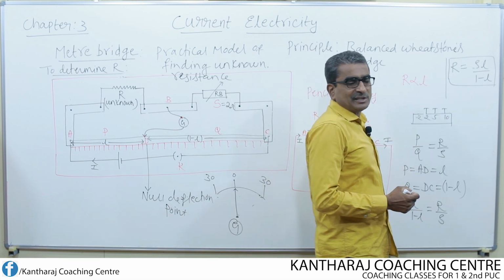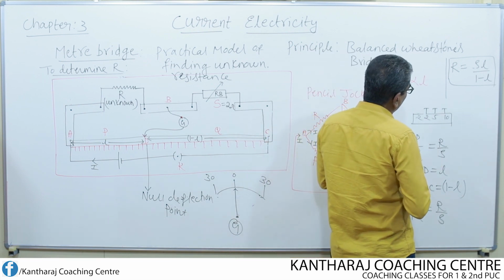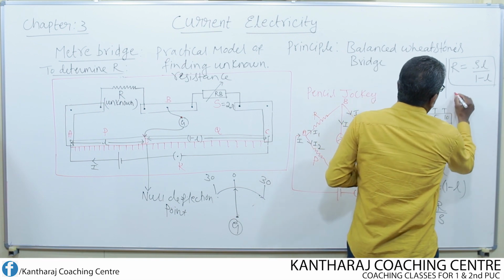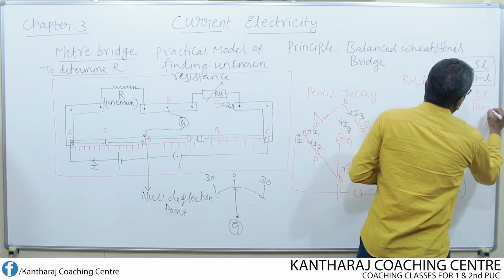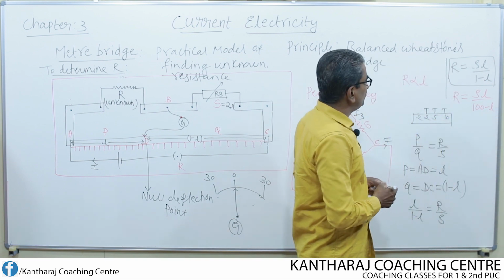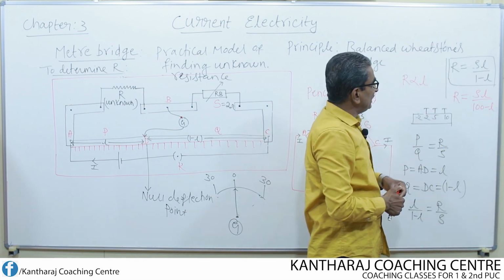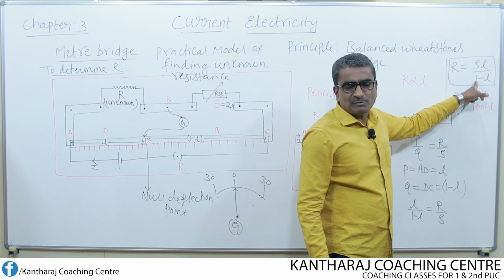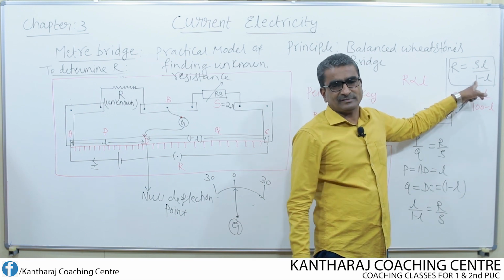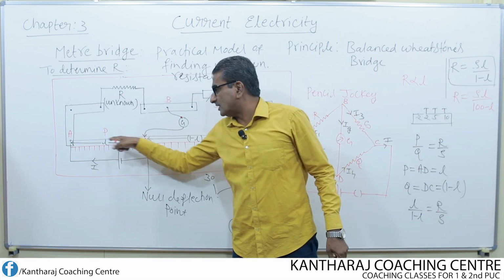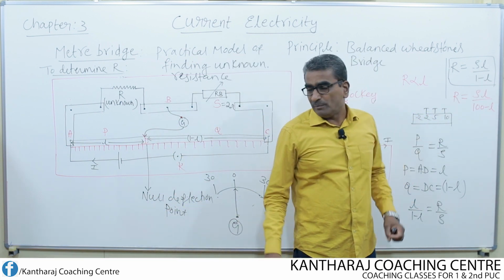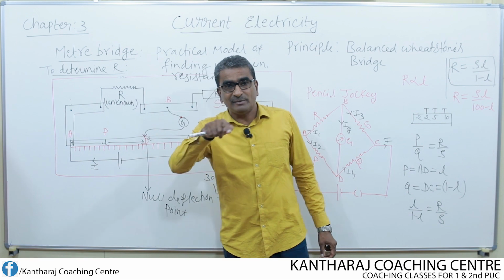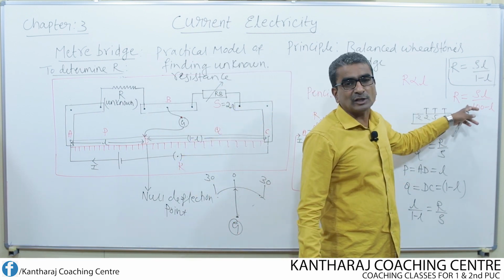Now the same equation can also be written in one more form. R equal to S L divided by 100 minus L. What is the difference between this equation and this? In this equation, length is measured in terms of meter. When you measure the length in terms of meter, then this formula should be used. If we measure the length in terms of centimeter, then this is the suitable formula.